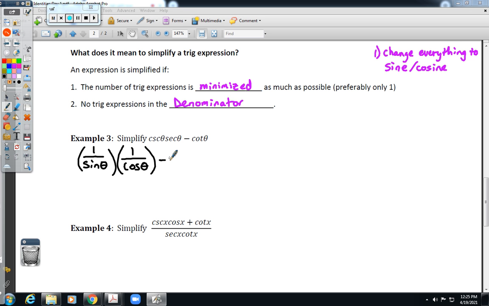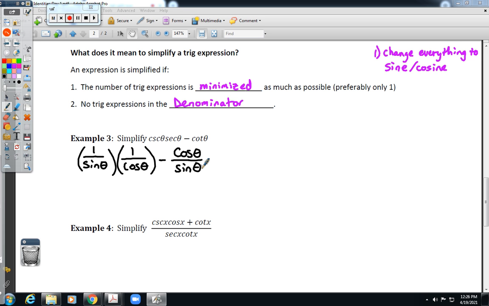And then we need to break out a quotient identity for cotangent. It is sine over cosine. So we change everything into sine and cosine. You're right, it's cosine over sine. I wrote that backwards. That's tangent, not cotangent. Cotangent's cosine over sine. Apologies.